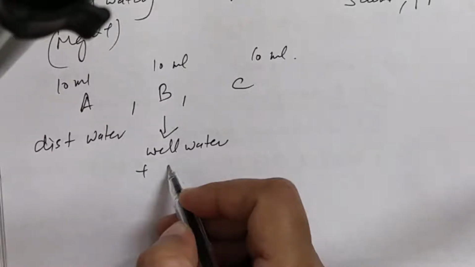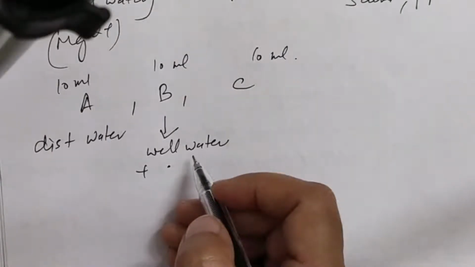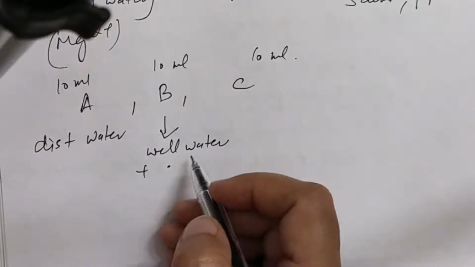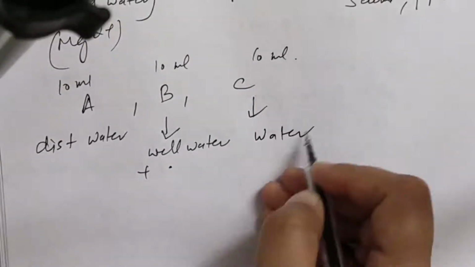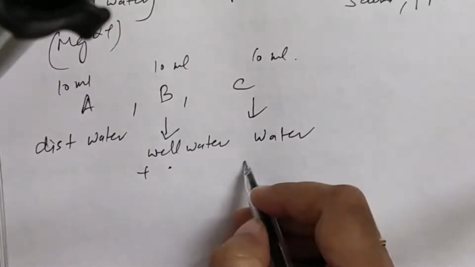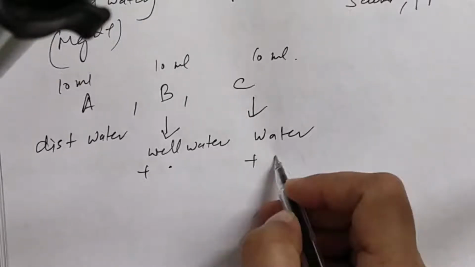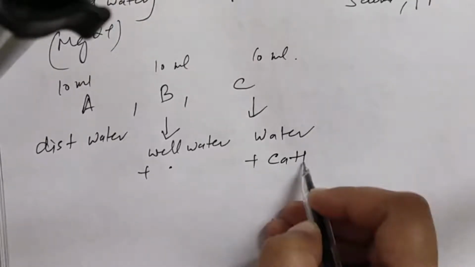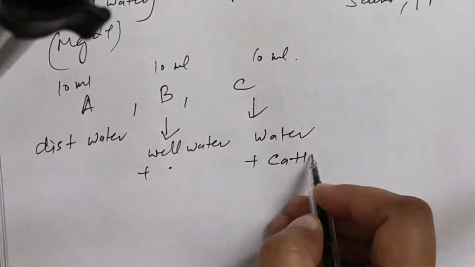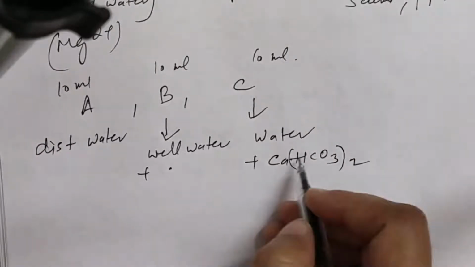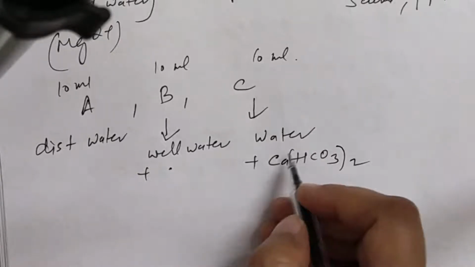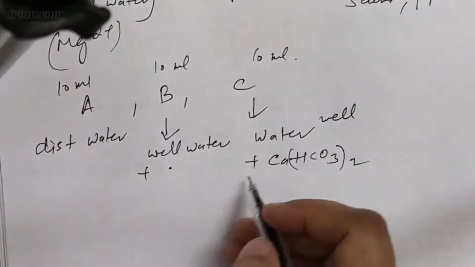Next, you take water having some added salts of calcium hydrogen carbonate added in the well water. So different types of water you are taking.